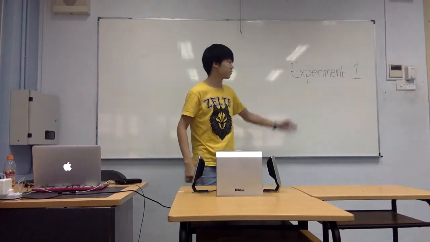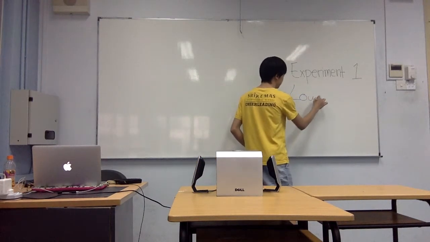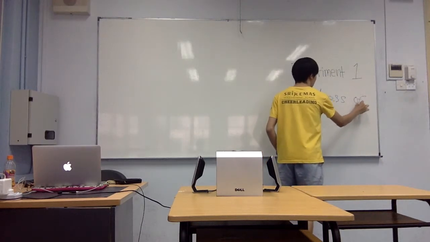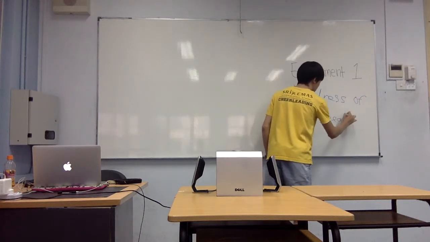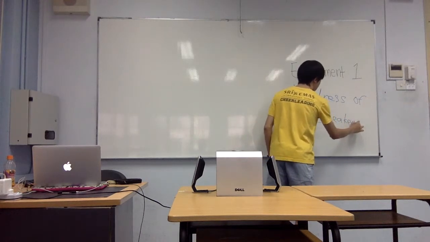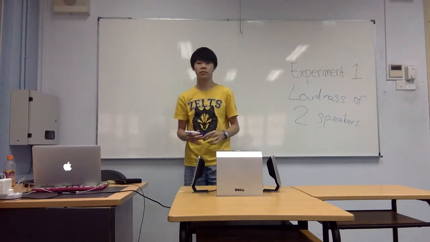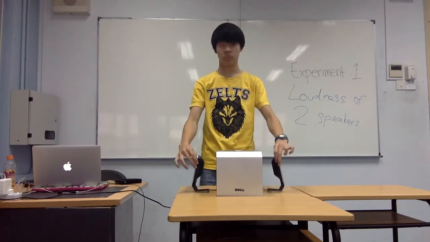In experiment 1, we are going to be testing the loudness of 2 speakers. Two speakers have been placed opposite each other to show that their sound waves are not combined.